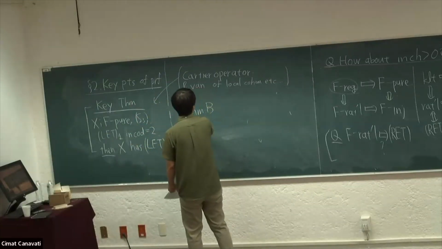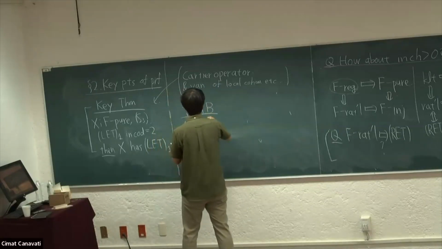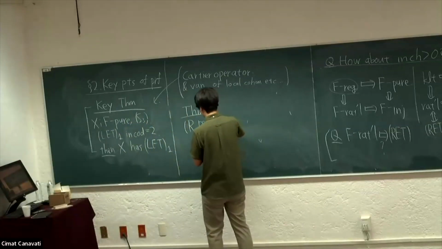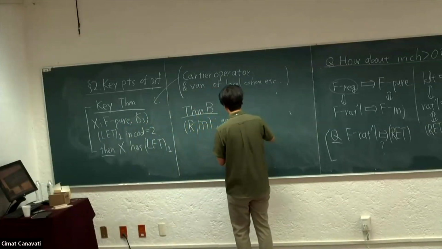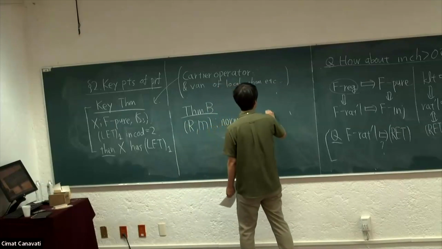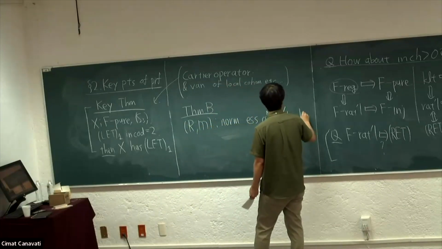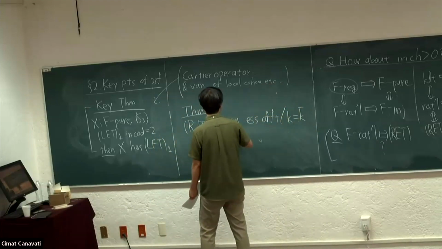So the essential point is that, let R be a localization of x at some codimension 2 point, which is normal essentially of finite type over an algebraically closed field, and just in dimension 2.